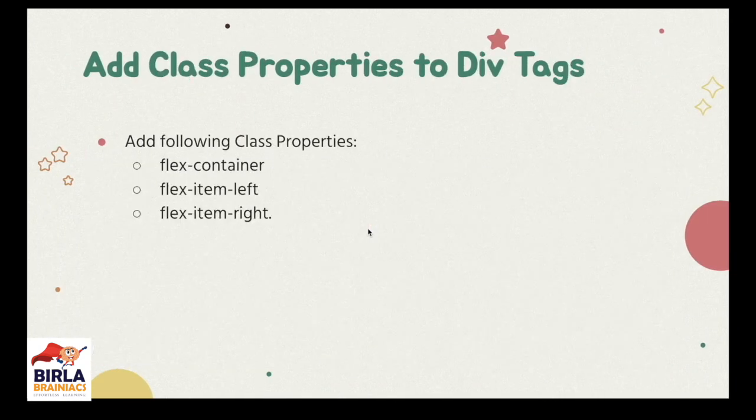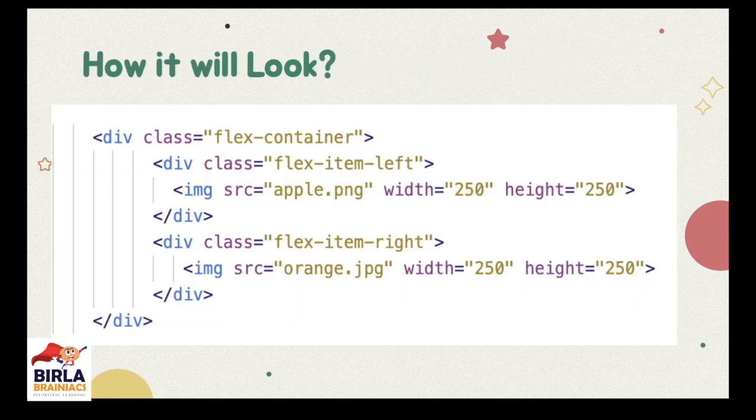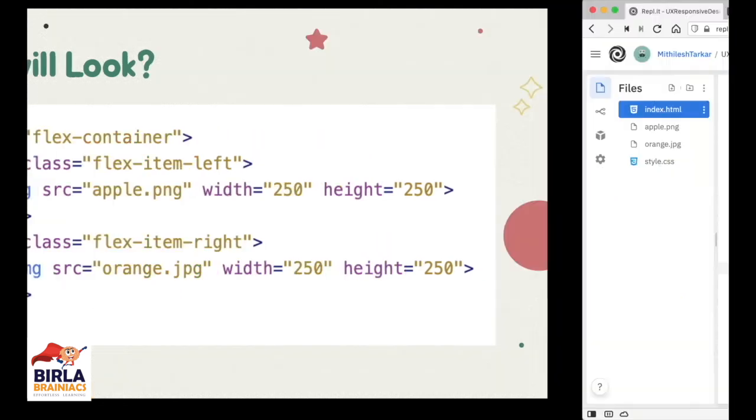Let us look now at what we have to do next. Add class properties to the div tags. In order to add some CSS, first we need to add some class properties, which are flex container, flex item left, and flex item right. So the main div will have flex container, and the nested divs will have flex item left and flex item right.